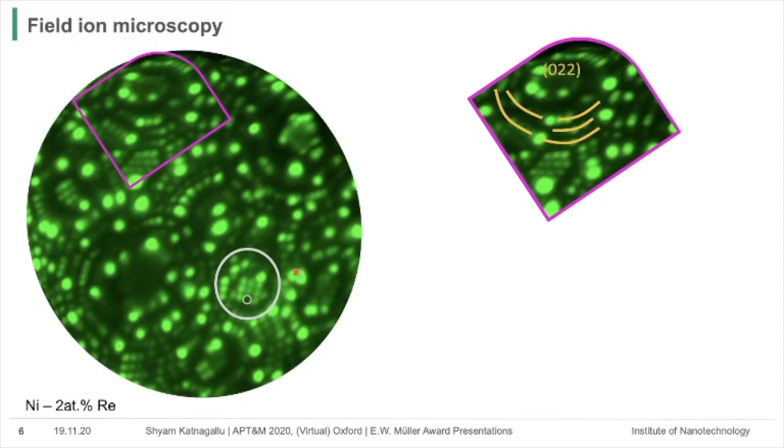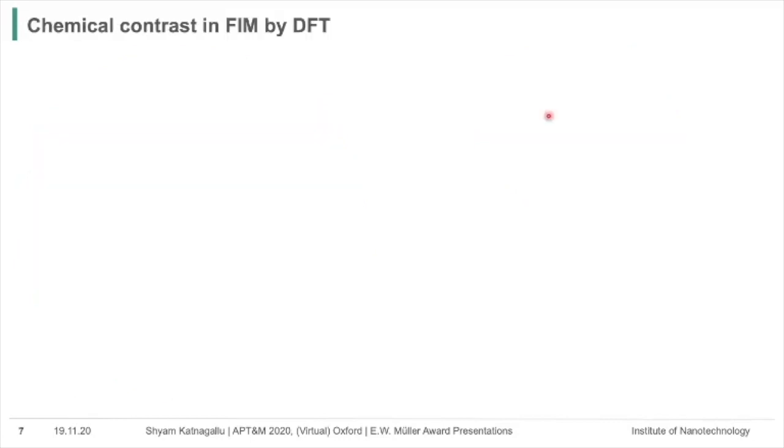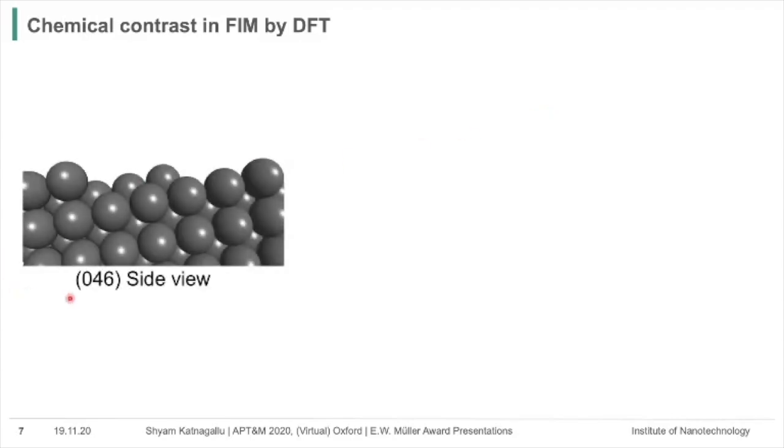So, to understand whether these brightly imaged atoms are actually rhenium, we wanted to interpret this using DFT, density functional theory. So we took the same terrace, 046, on which we found the dislocation.